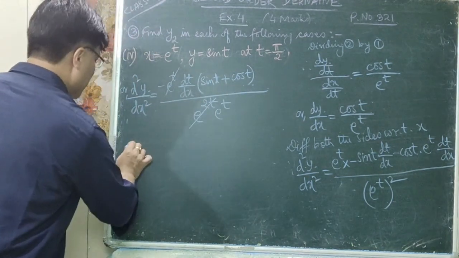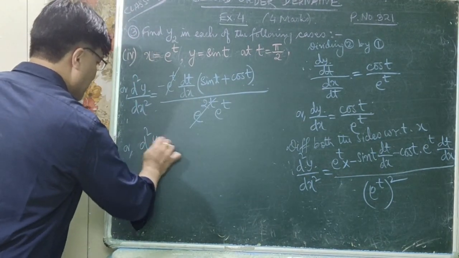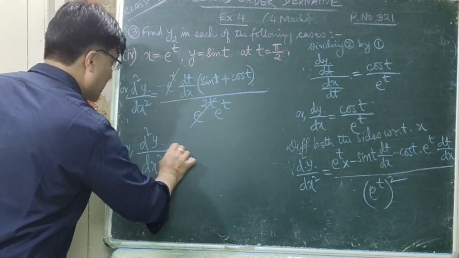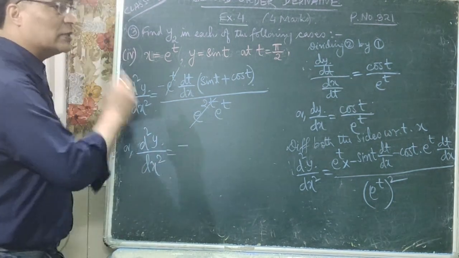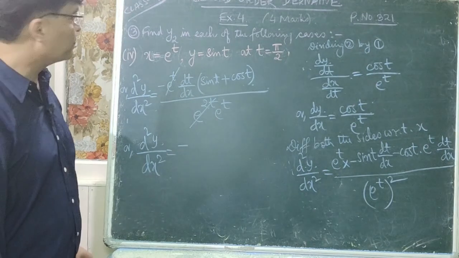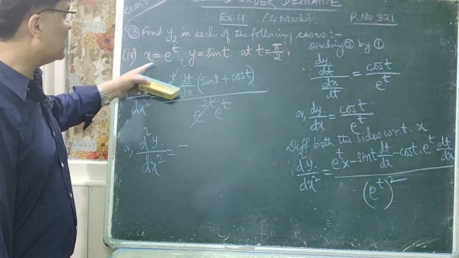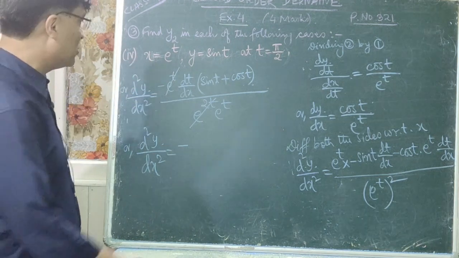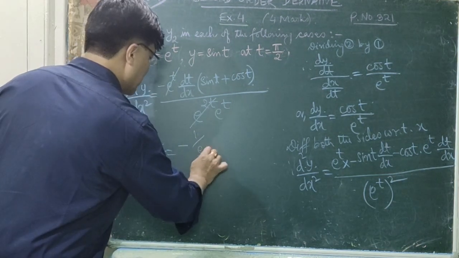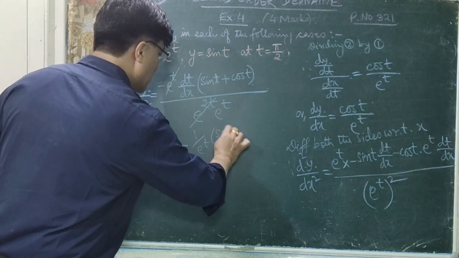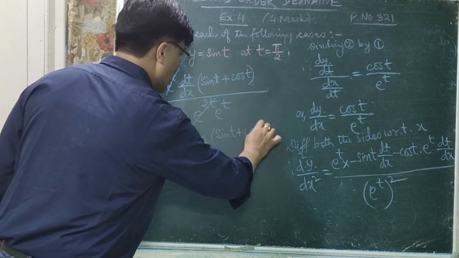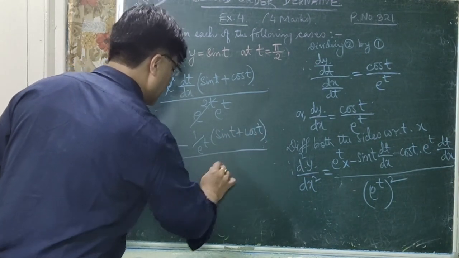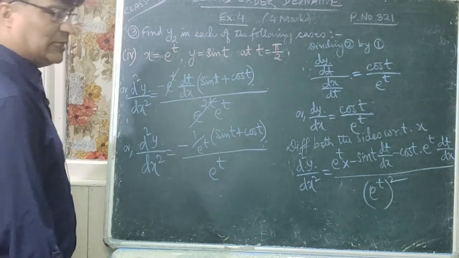Now put the value for dt by dx, or d2y by dx square is equal to minus. So actually dx by dt is e to the power t. What is dt by dx? You have to invert, 1 by e to the power t, into sine t plus cos t, this whole divided by e to the power t.